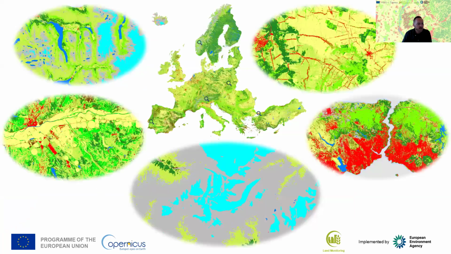Then on the next slide, and that's already my last one, you see a few examples from all over Europe. On the lower left and the upper right, you see two different patterns of agricultural use. On the lower left from Portugal, you see some circular arable fields, being irrigated areas.